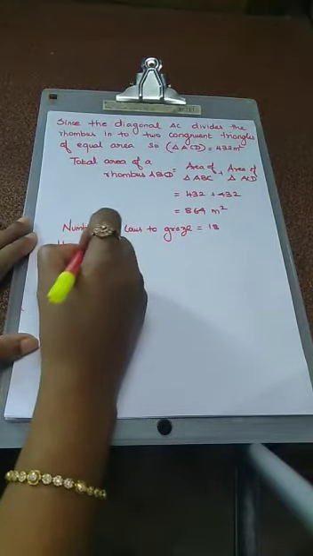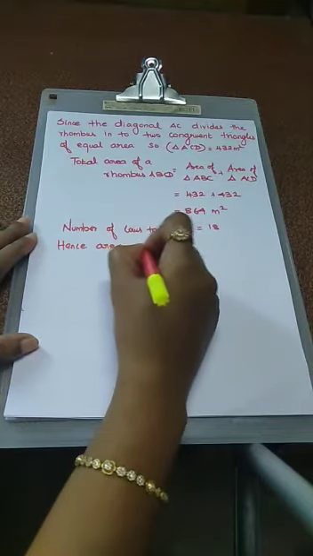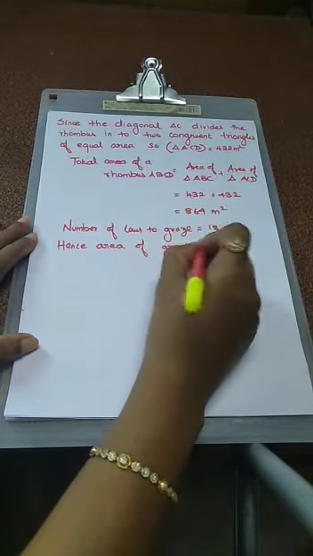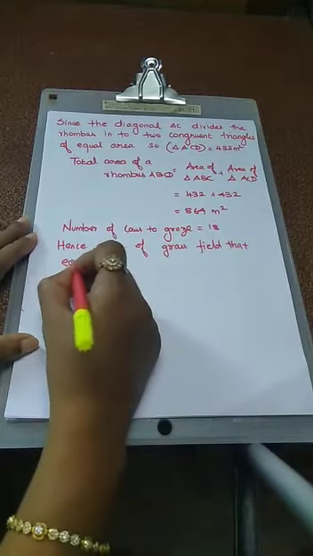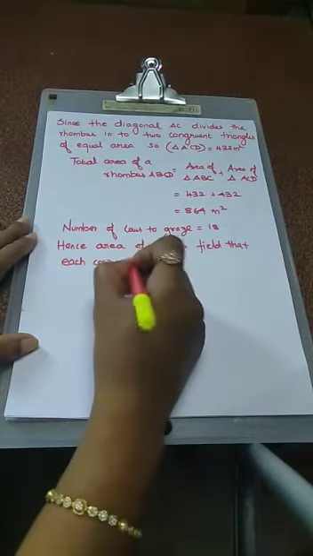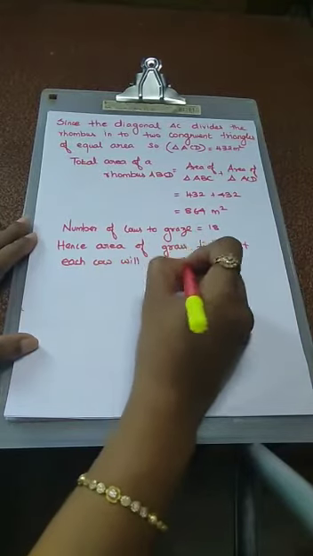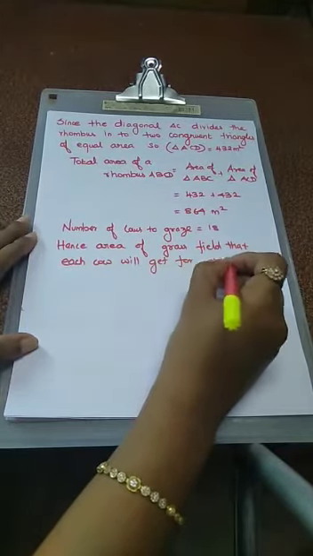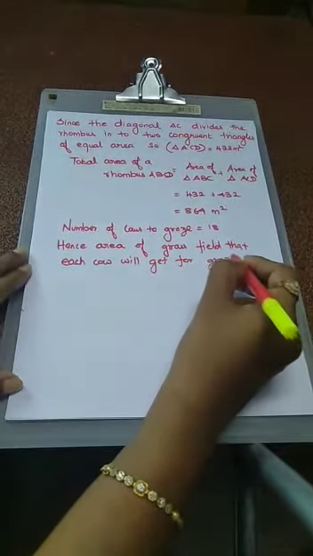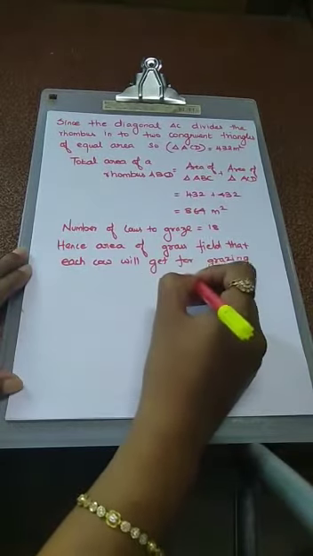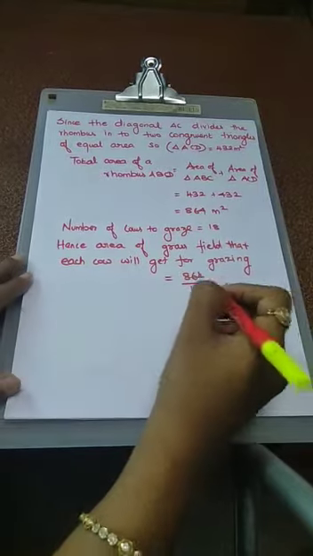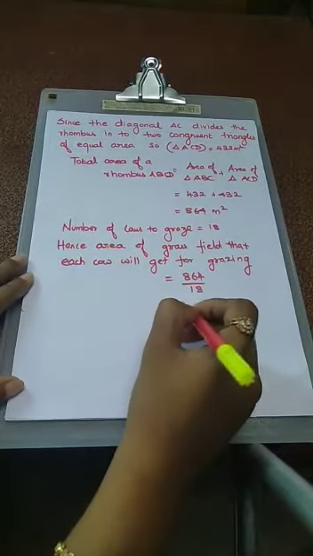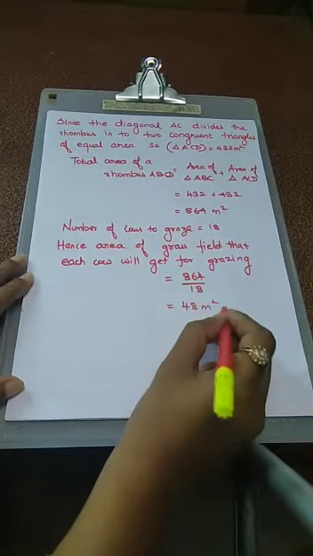So hence area of grass field that each cow will get for grazing is equal to 864 by 18. We just cancel this value. We get the value 48 meters square.